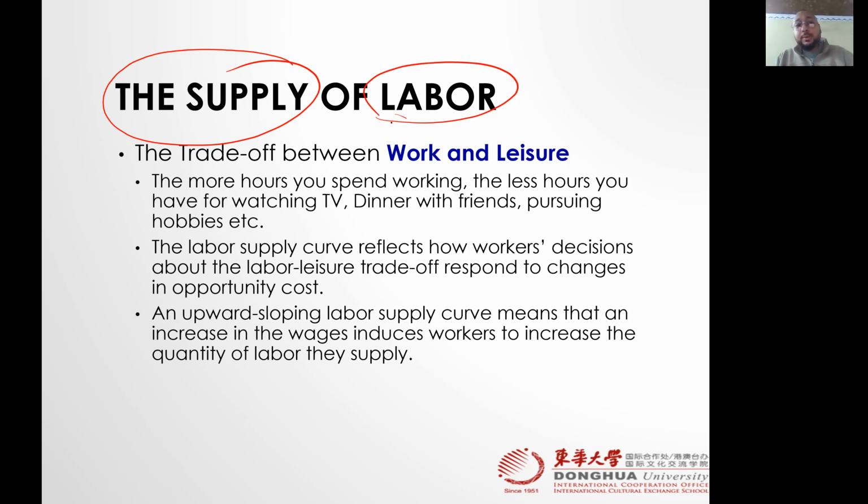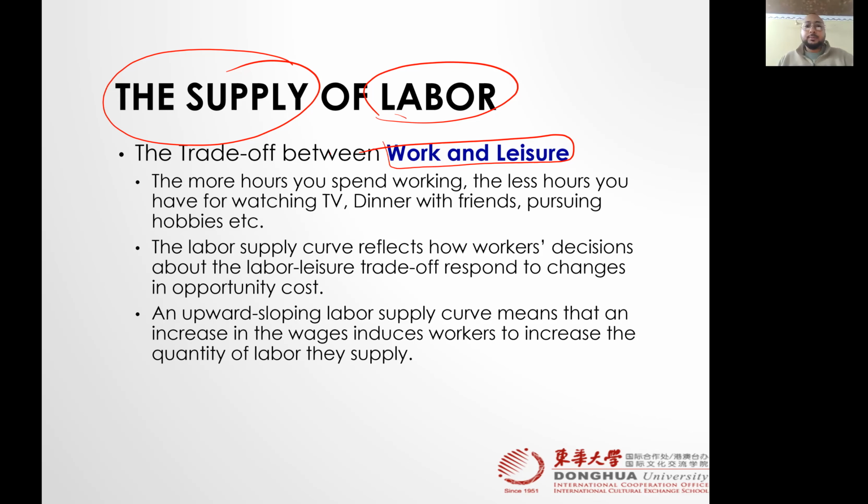The supply of labor depends on the trade-off between work and leisure. Which means, why do you want to be working rather than enjoying your life?